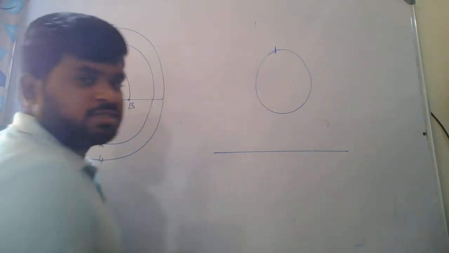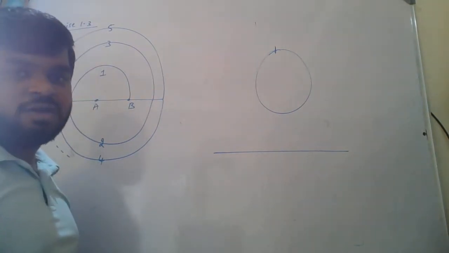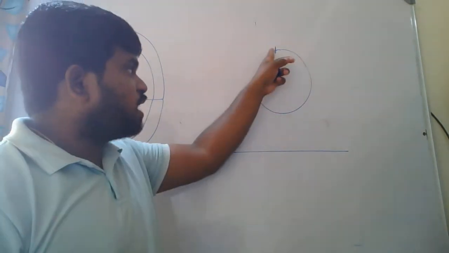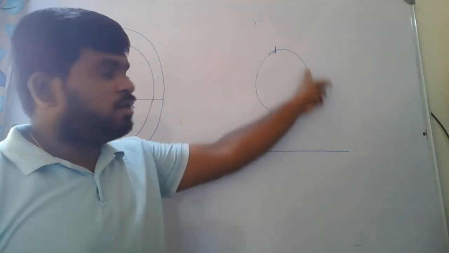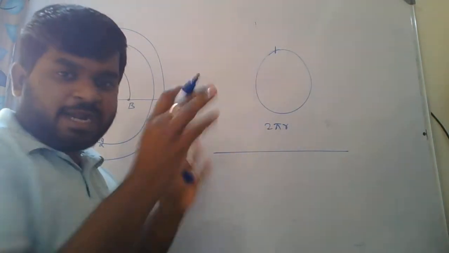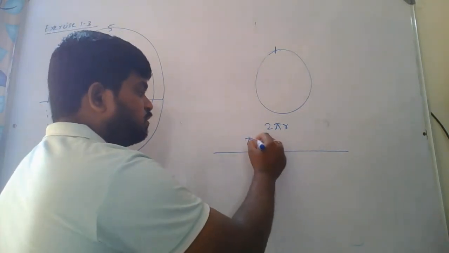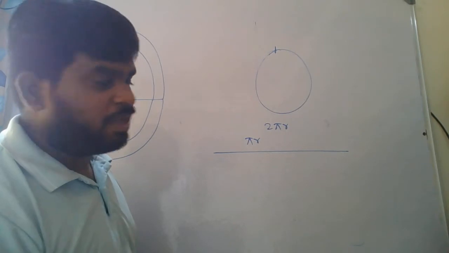This length is known as circumference. You can fold it in the shape of a circle, isn't it? So this outer boundary length is known as circumference. For a full circle, it is 2 pi r. But if it is a semicircle, then it is half, right? So it becomes pi r. So the length of a semicircle is given by pi r.